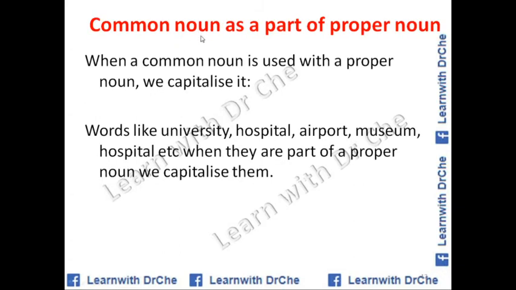When a common noun is a part of a proper noun, we use capital letters. For example, words like university, hospital, airport, museum, when they are part of a proper noun about a specific hospital or specific airport, we will capitalize these common nouns also.